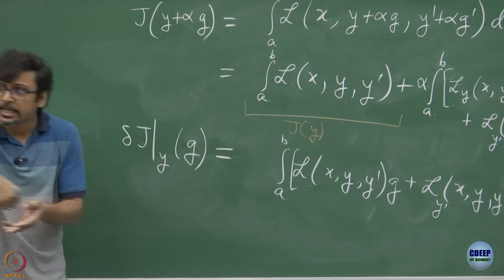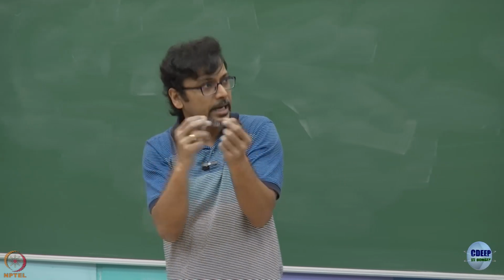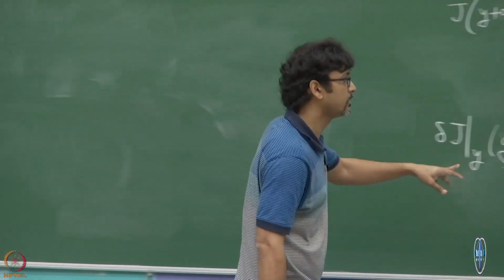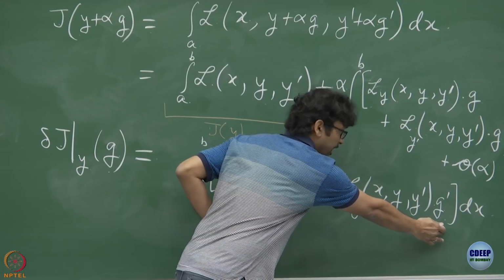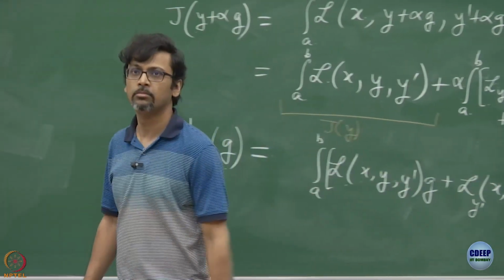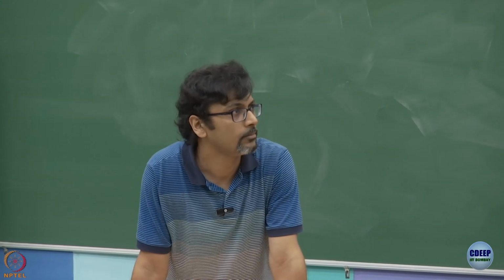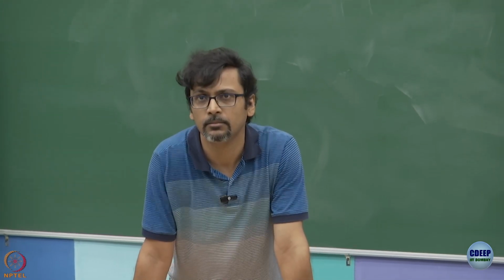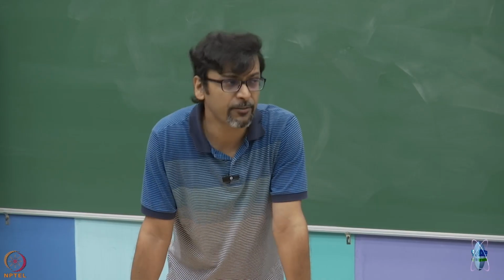You're integrating over the entire path from A to B, the entire length of the curve from A to B. So this is a condition that is given in terms of something that happens to the entire path from A to B and equated to 0. So a condition that's a global sort of a condition. Yes? A condition on the entire curve. These are usually more difficult to verify.